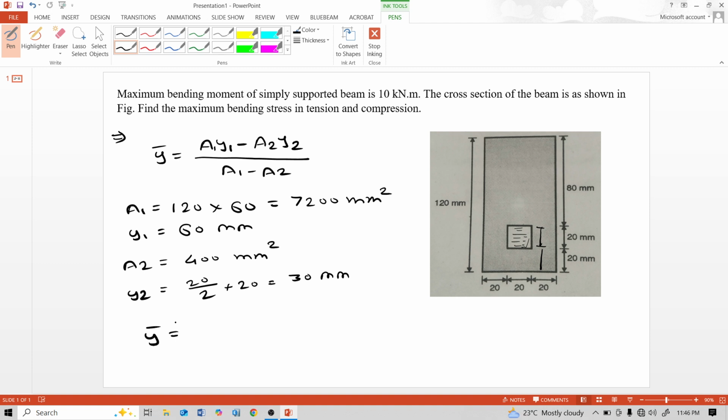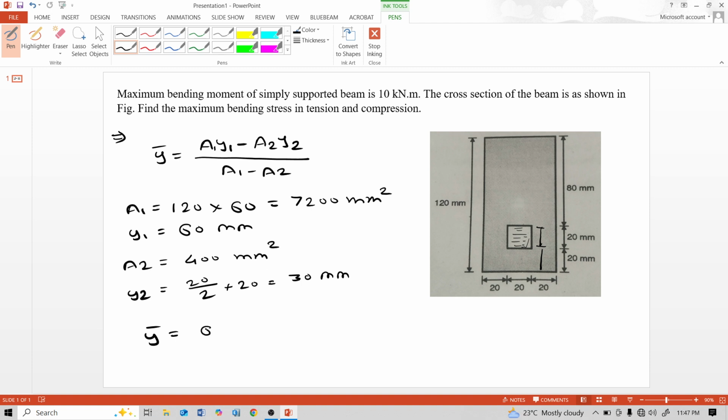Therefore, y bar is equal to a1 y1, a1 is 7200 multiplied by y1 is 60, minus a2 y2, a2 is 400 multiplied by y2 is 30, divided by a1 minus a2, 7200 minus a2 400.